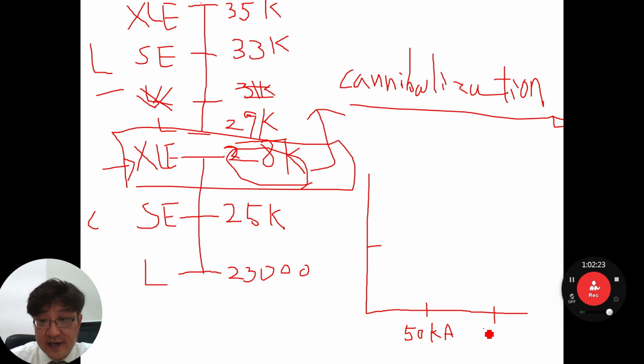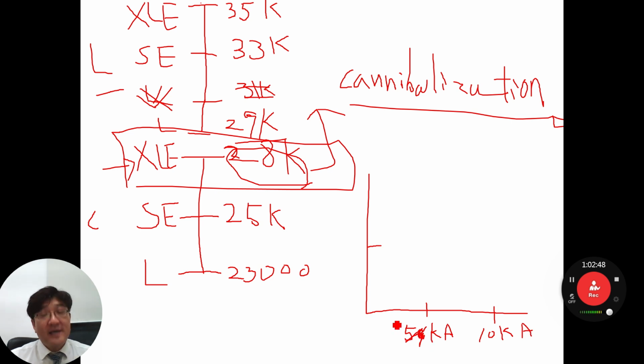I'm sorry, gosh, that's 5k ampere. I just wanted to make it as real an example as possible. This is 10k, 10,000 milliampere. This is 5k ampere.